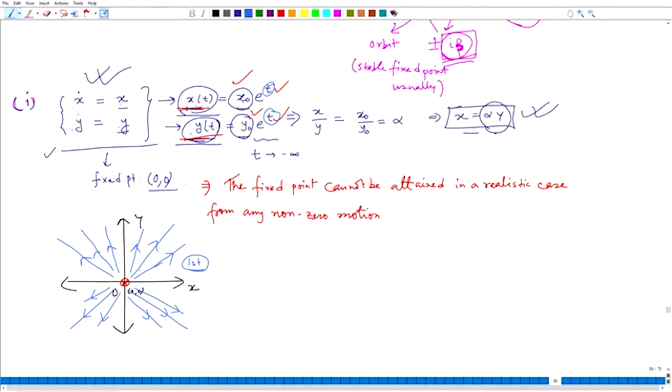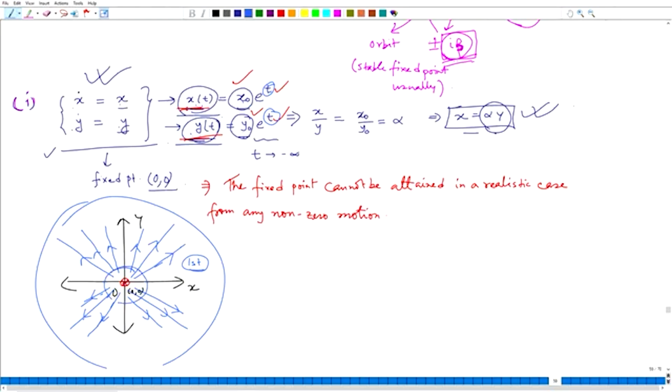If x and y, let us say both are negative, then both of them will increase in the negative sense. So you see this type of fixed point and its phase space trajectories are simply saying that the fixed point does not like the movement of the particle.